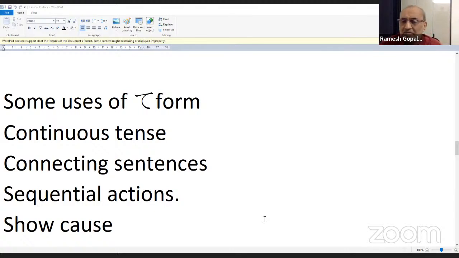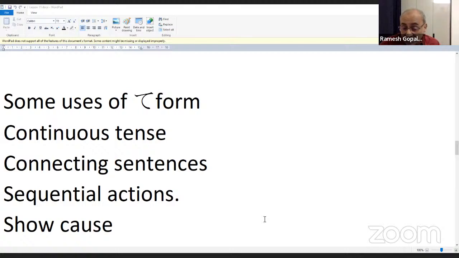So you get the meaning and. So you connect sentences. The only thing is they should be sequential actions. If you use te form and connect your sentences, the listener will understand it to have happened in a sequence.